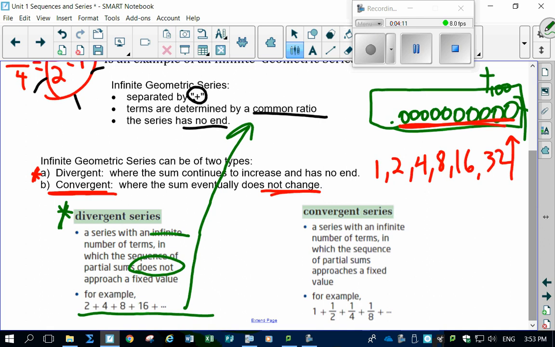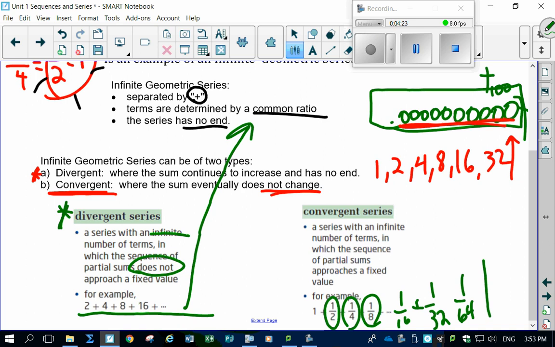So these guys just keep getting bigger and bigger and bigger. Where these ones, look, half, a quarter, an eighth. Oh my goodness, the next one would be a 16th. That's really tiny. After that, a 32nd, a 64th. They're getting so incredibly small that eventually it won't matter. There's the difference. Divergent means it's getting bigger.